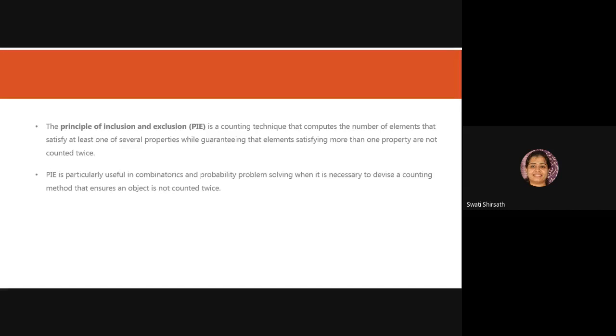It is a counting technique that computes the number of elements that satisfy at least one of several properties, while guaranteeing that elements satisfying more than one property are not counted twice.